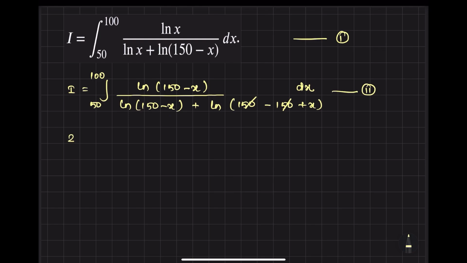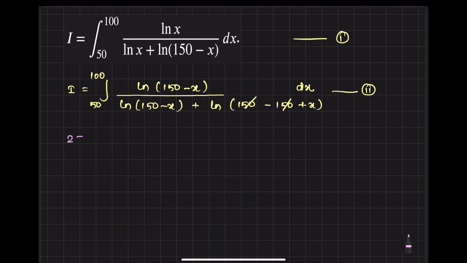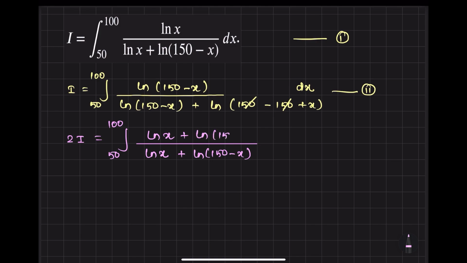So we will be having 2 times I, limit from 50 to 100, and then the denominator is the same, so we will be writing ln x plus ln 150 minus x. Both denominators are the same, so we have the numerator as ln x plus ln 150 minus x dx. So this thing gone, we are left with 1.